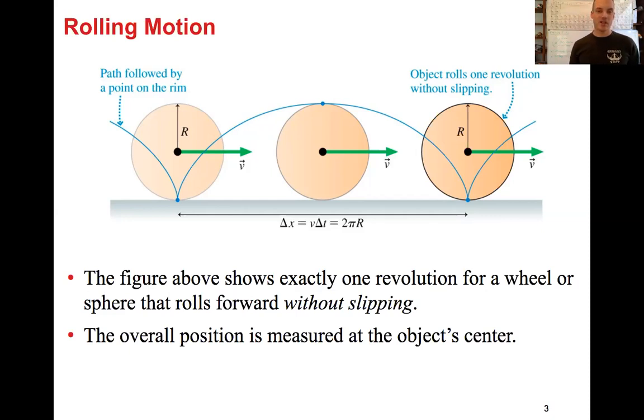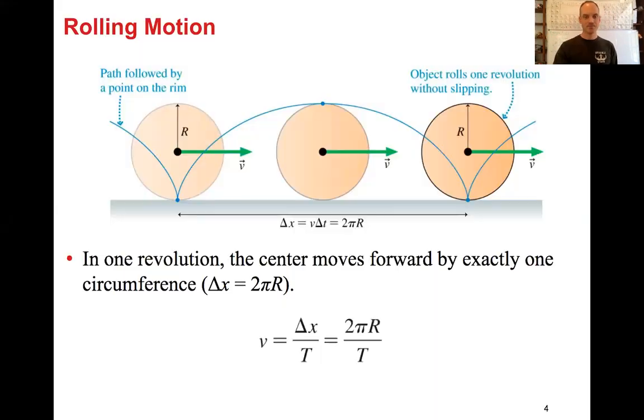So the distance is equal to one revolution, which is 2 pi r. The circumference of your circle is basically the distance that that object rolled. That's going to be an important concept here in a couple of minutes. That's basically what's happening with rolling motion: you're rolling the entire circumference of that sphere from beginning to end.